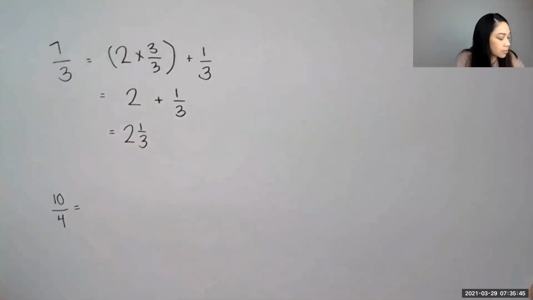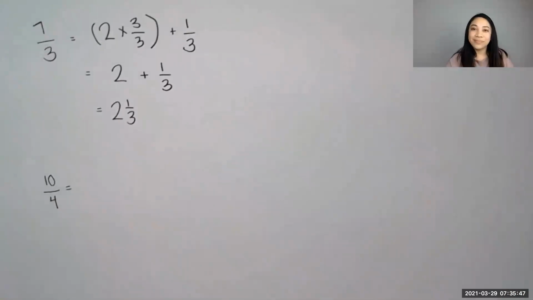Let's try another. This time, our fraction will be 10/4. Take a moment and think, how many groups of 4/4 are in 10/4? There's 2 groups of 4/4 in 10/4. Go ahead and pause the video here to record a number sentence to show 10/4 as a mixed number.